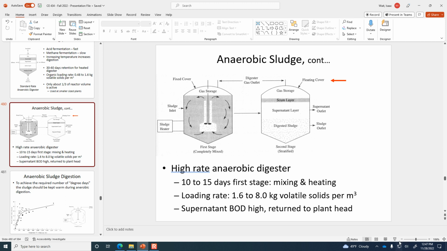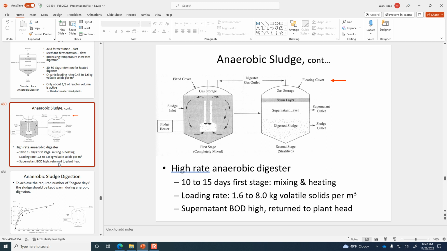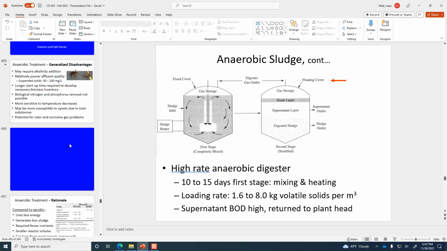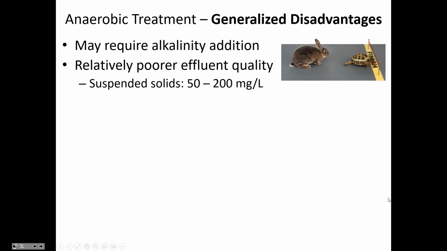So this supernatant layer is the water that's coming out that we could conceivably discharge to a river if it had low enough BOD, but the supernatant in anaerobic treatment has a high enough BOD that it's just returned to the very first step in the treatment process, and it goes through all of the primary and secondary treatment another time to try and remove BOD. So aerobic treatment has a supernatant with improved quality compared to anaerobic treatment.